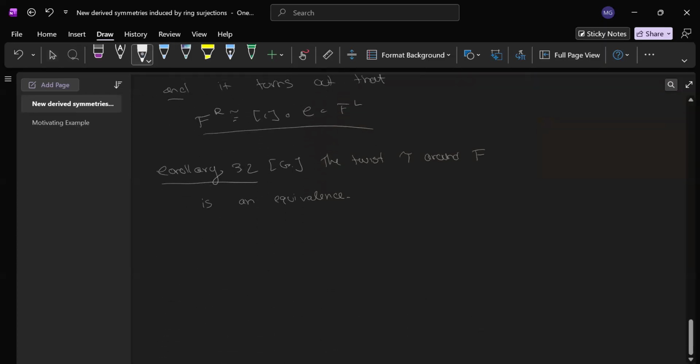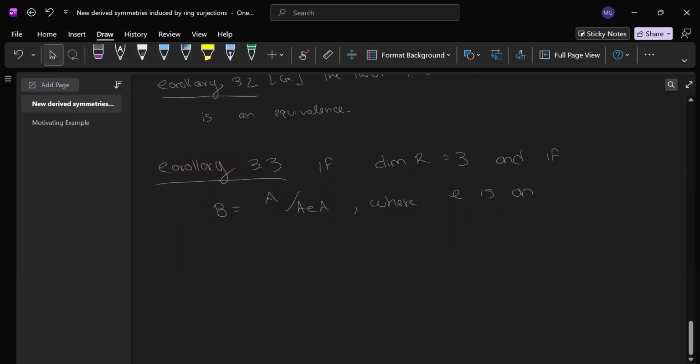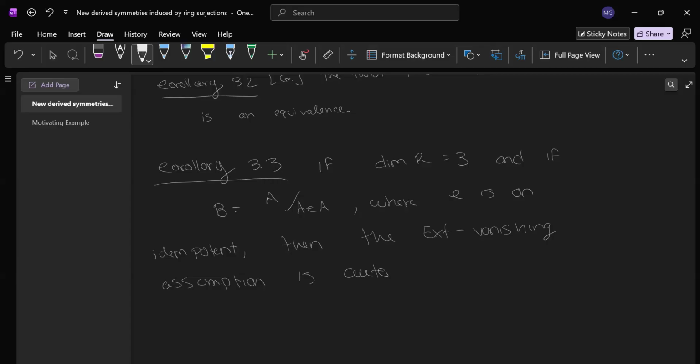So if we know that the dimension of our ring R is 3, and if we know that B is a quotient of A by an idempotent, then the Ext vanishing assumption is automatically satisfied.